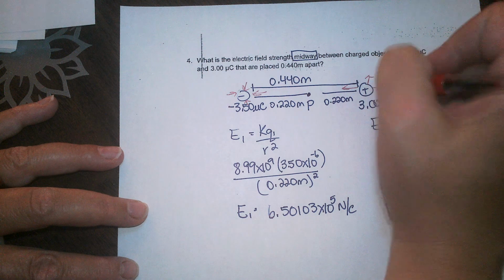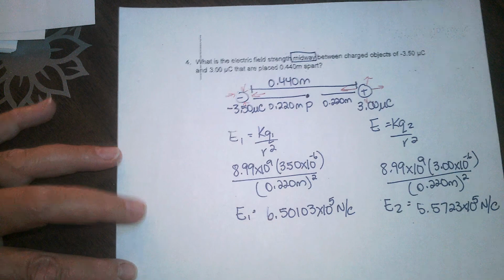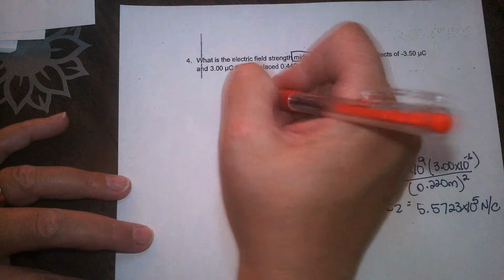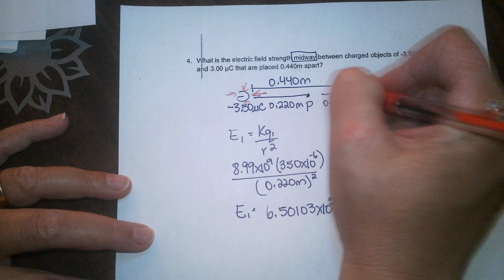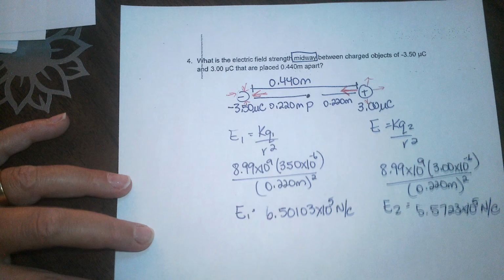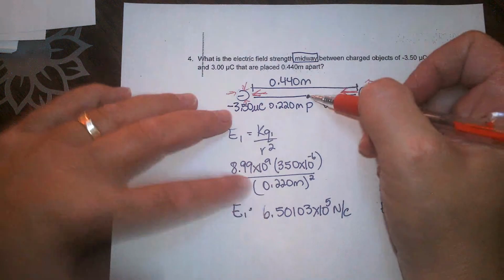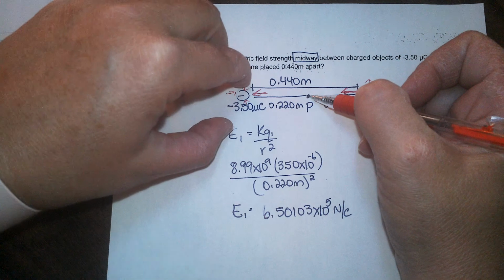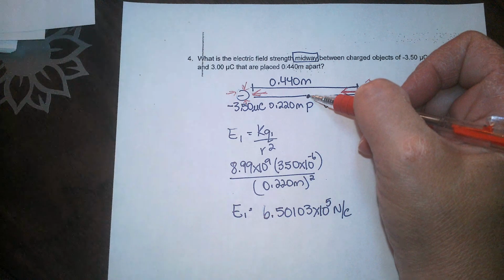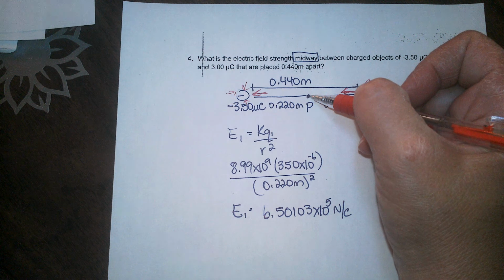Outward. Okay? So when I look at this, the field strength that point P is affecting on this negatively charged object is going to the left, which is a positive or a negative sign? Negative.